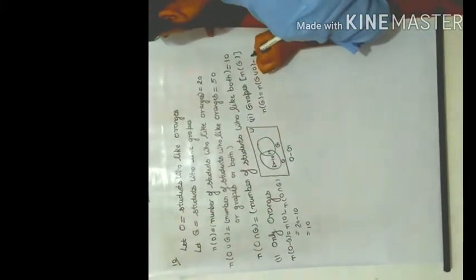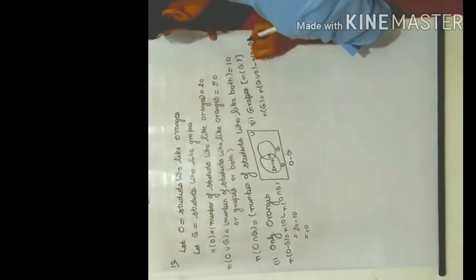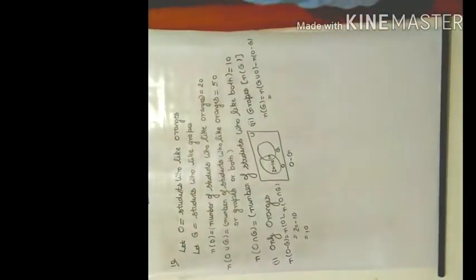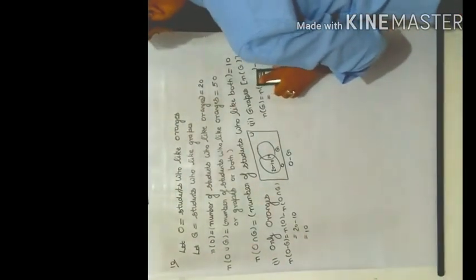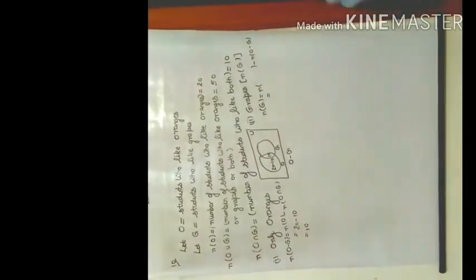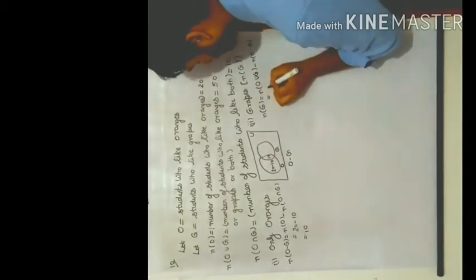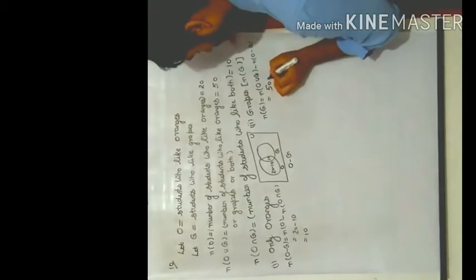We'll subtract N of O minus G. O union G or G union O, same meaning, but let us write it properly. N of O union G, what is that? 50 minus O minus G, which we just found, minus 10. That is 40.